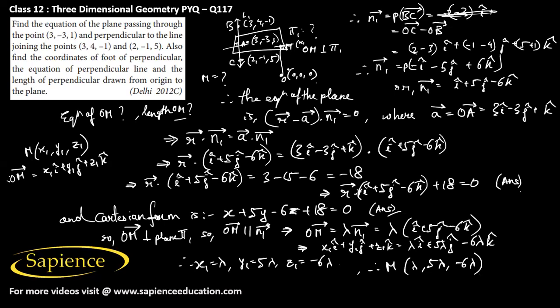So now the point M lies on the plane, so it will satisfy the equation of the plane. Since the point M lies on the plane pi1, it should satisfy the equation of the plane.